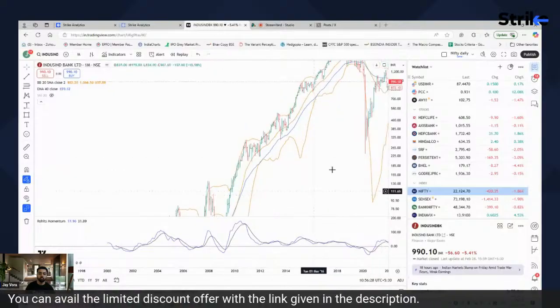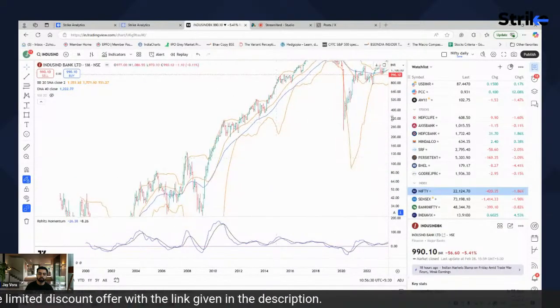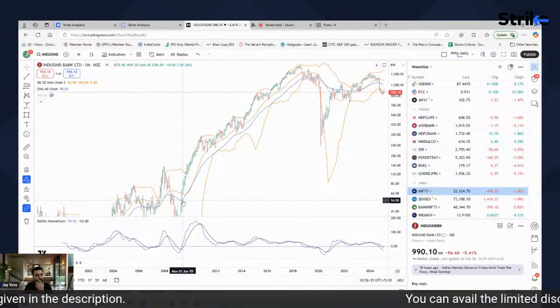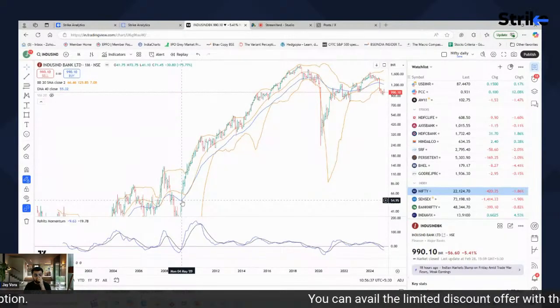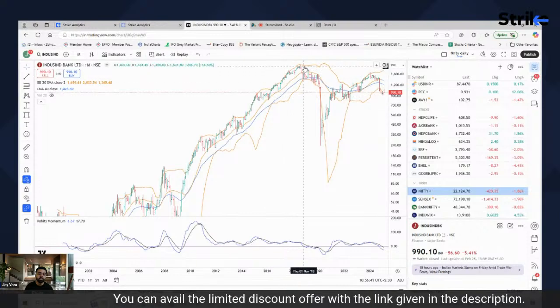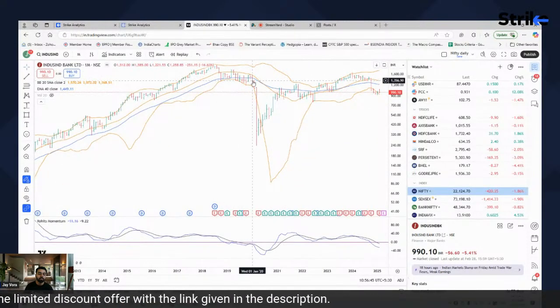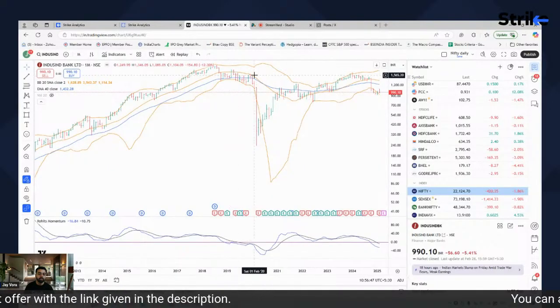So you could see that IndusInd Bank had crossed this 40-month average in I think 2009, and it was staying above it for a very, very long time. But after that, it did a sideways consolidation, and eventually it broke down.